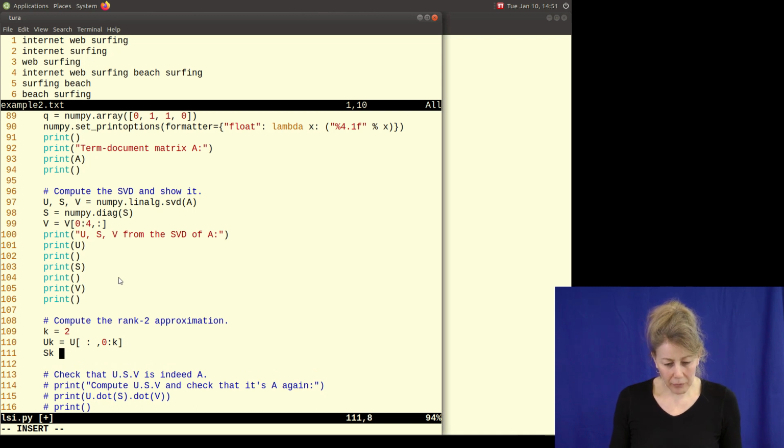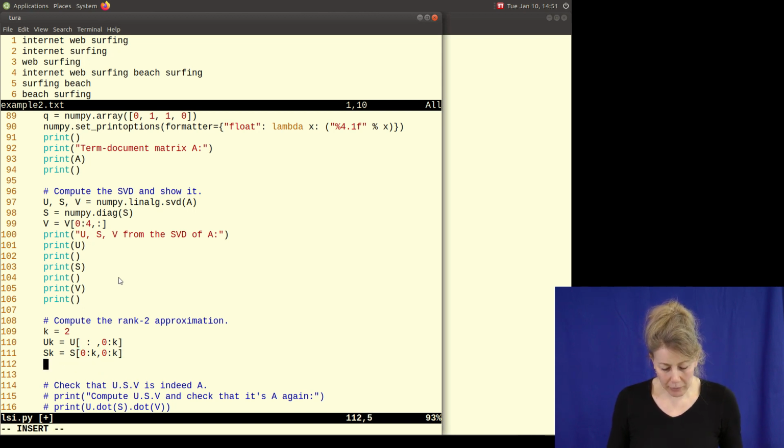For S, it's a diagonal matrix, so I take the upper k by k portion.